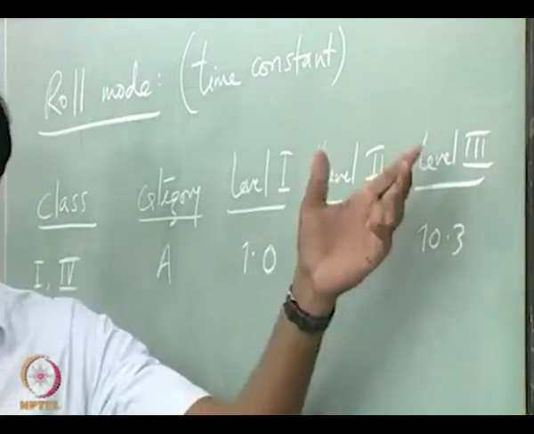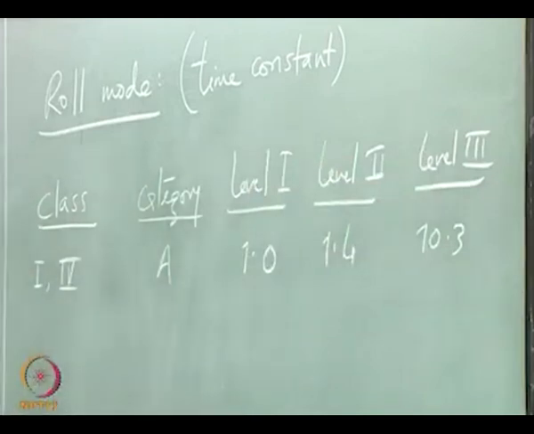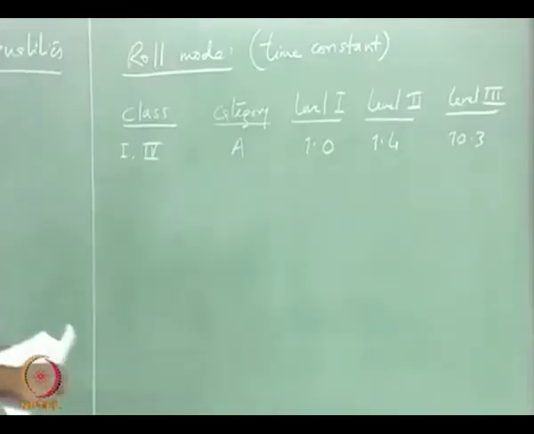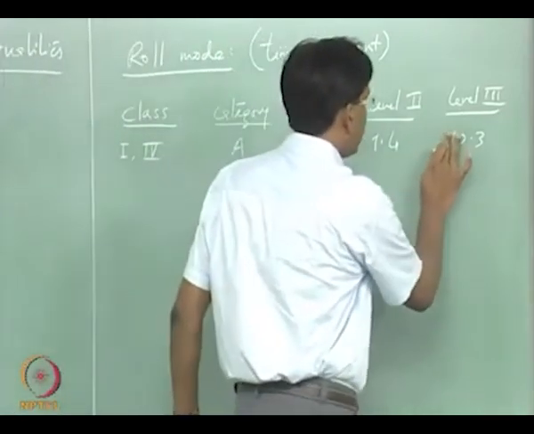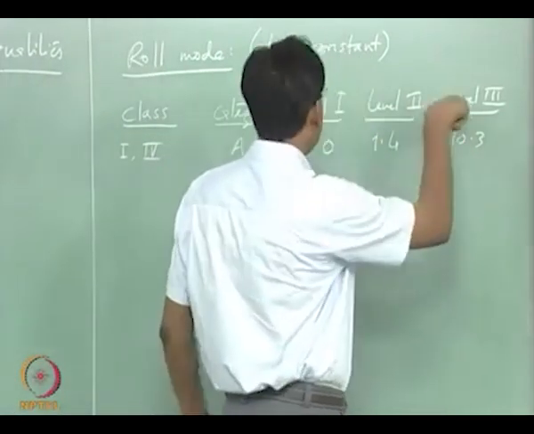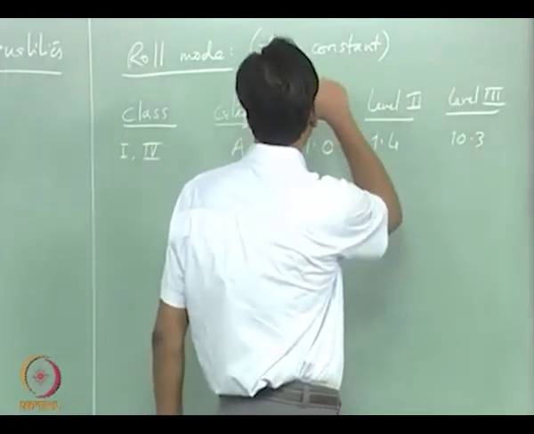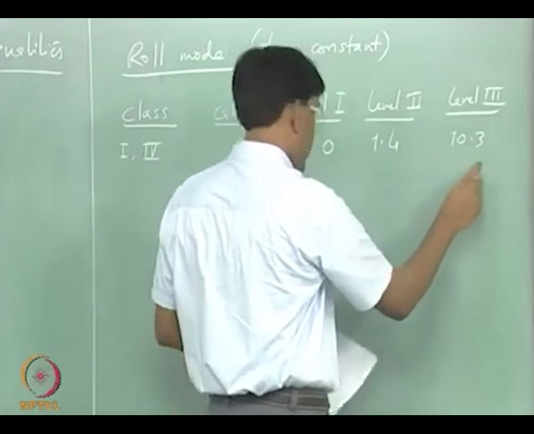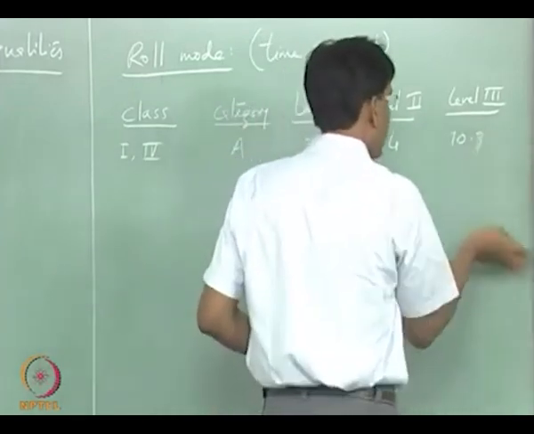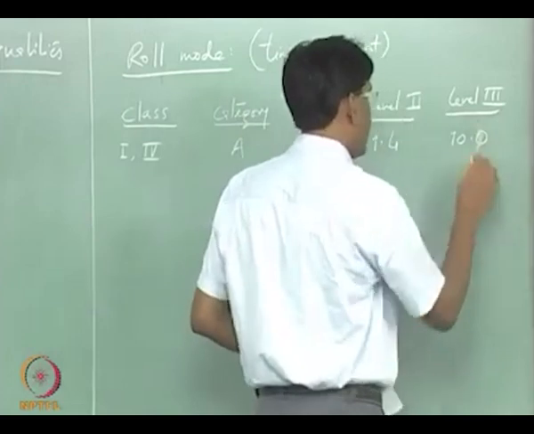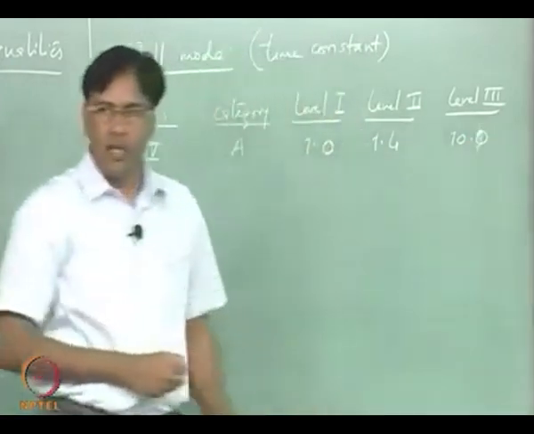Now, level 3 is the one where the pilot will feel the excessive workload, right. So, for that level, you have to have time constant which is roughly about 10.